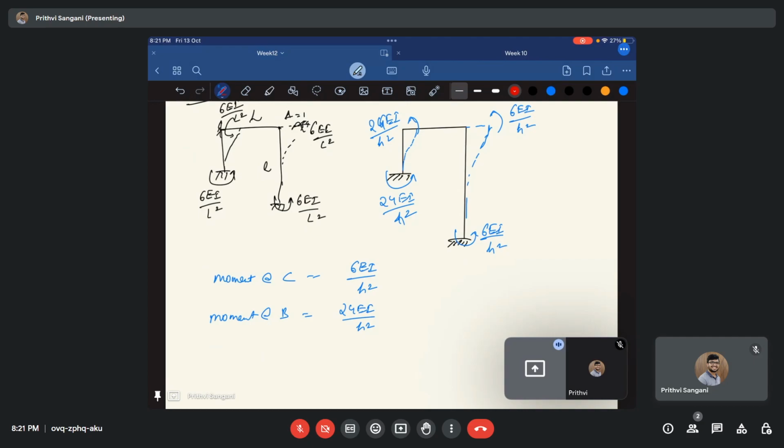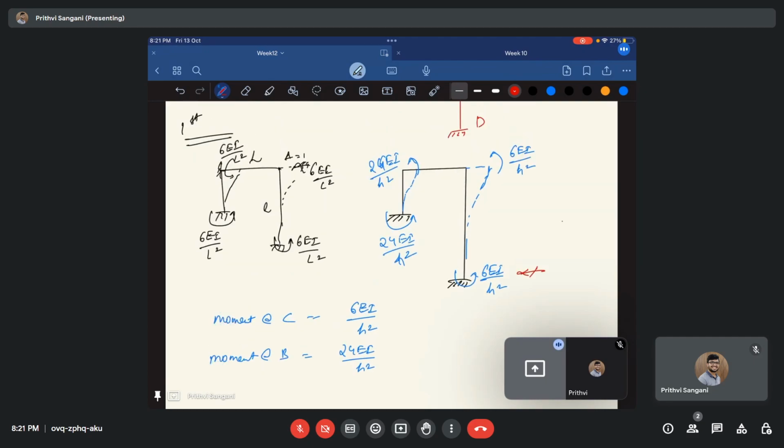So this should be 12 EI by H square by H, that is H cube. Okay.